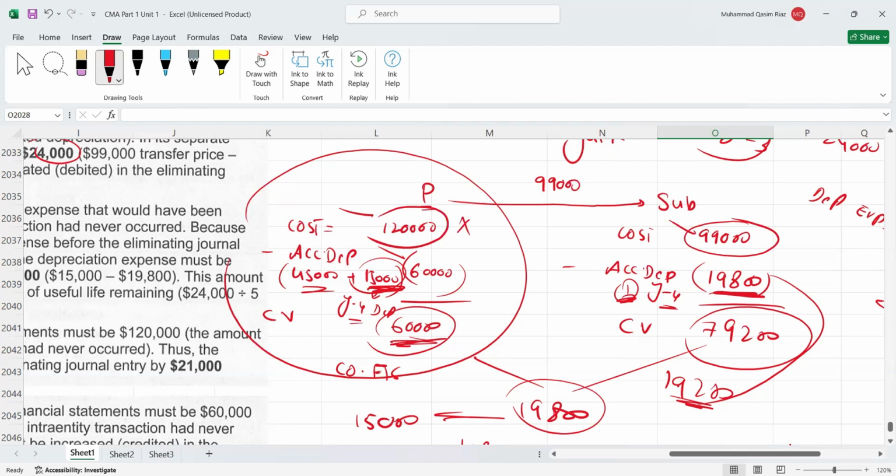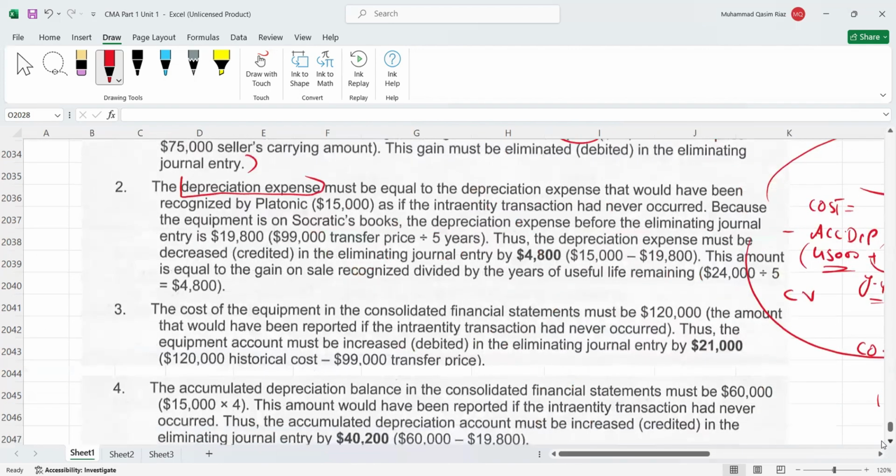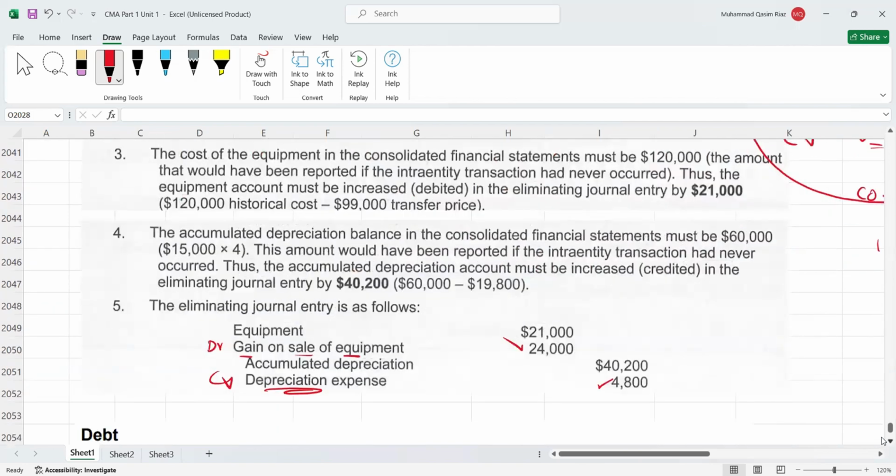So we have to bring this asset from 99,000 to 120,000, which means we have to increase the asset by 21,000. So this is the next transaction. We have to debit the equipment because we have to increase the assets from 99,000 to 120,000. So that is why we will debit this 21,000.